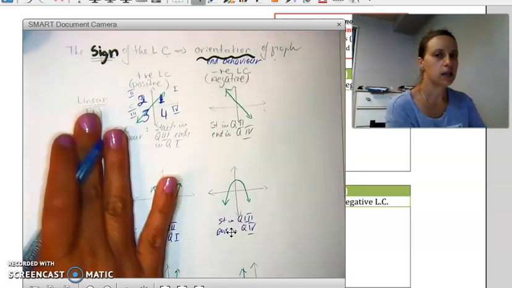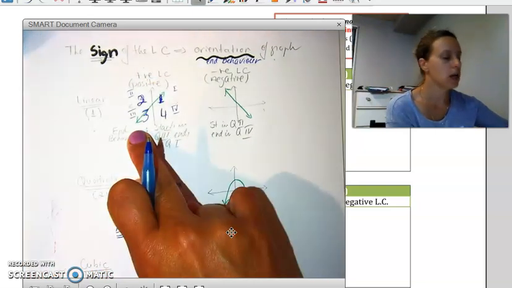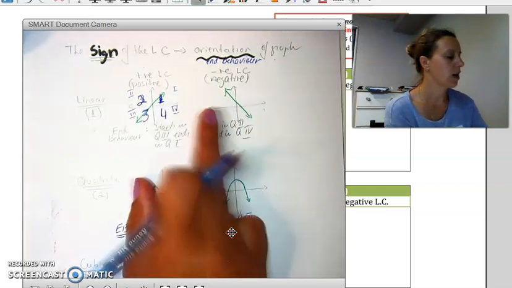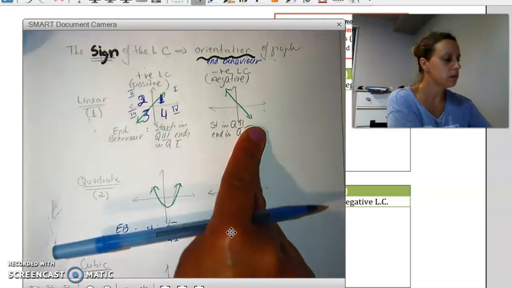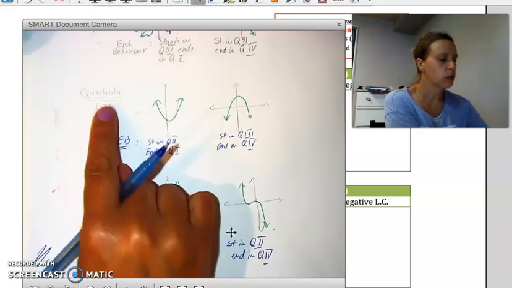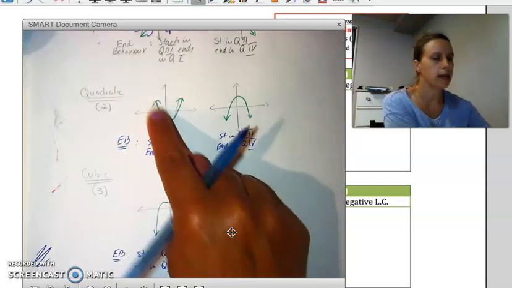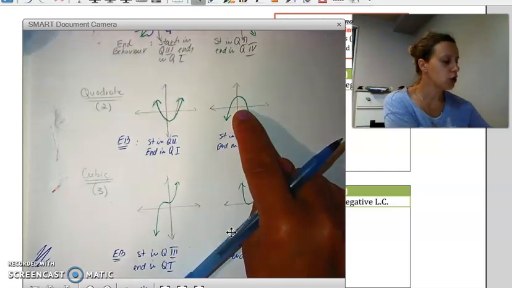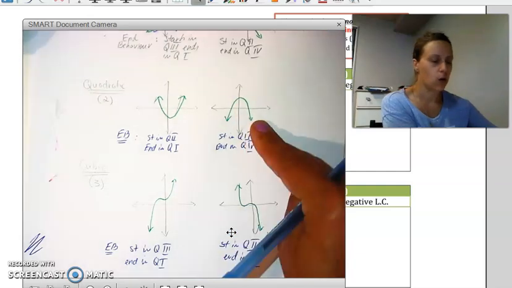If it's a linear with a positive leading coefficient, the graph starts in quadrant 3 and ends in quadrant 1. If it's a negative leading coefficient, the graph starts in quadrant 2 and ends in quadrant 4. If it's a quadratic with a positive leading coefficient, you start in quadrant 2 and end in quadrant 1. If it's quadratic with a negative leading coefficient, start in quadrant 3, ends in quadrant 4.